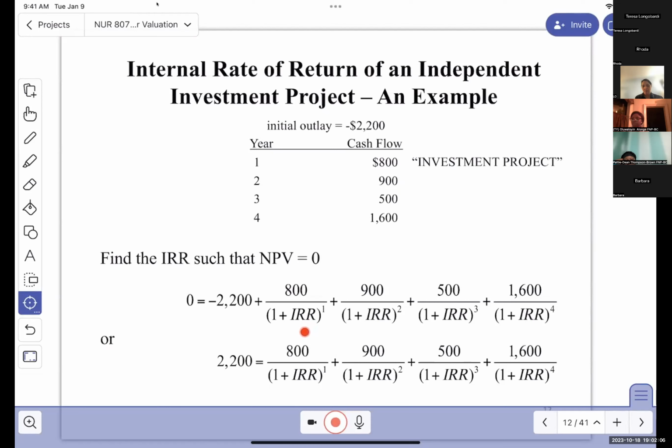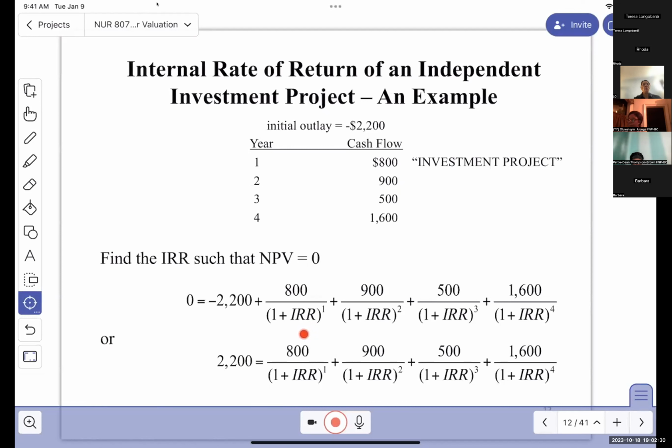So I'm going to show you how we go about finding this. It's really important. The main reason it's important and useful is because it ends up giving us a range of discount rates or interest rates the firm could use to approve their project.